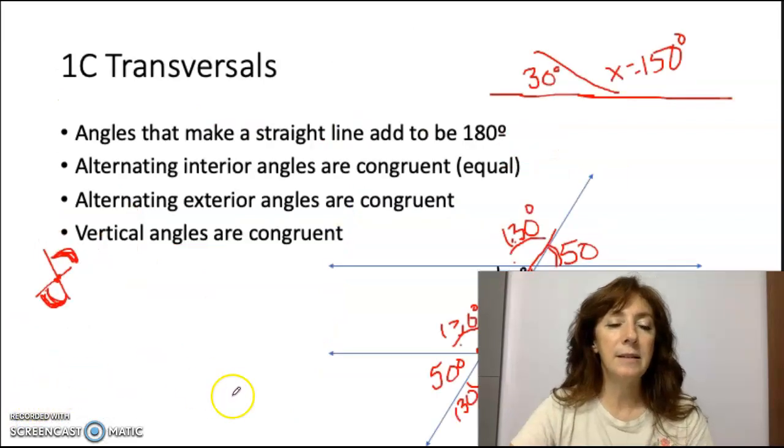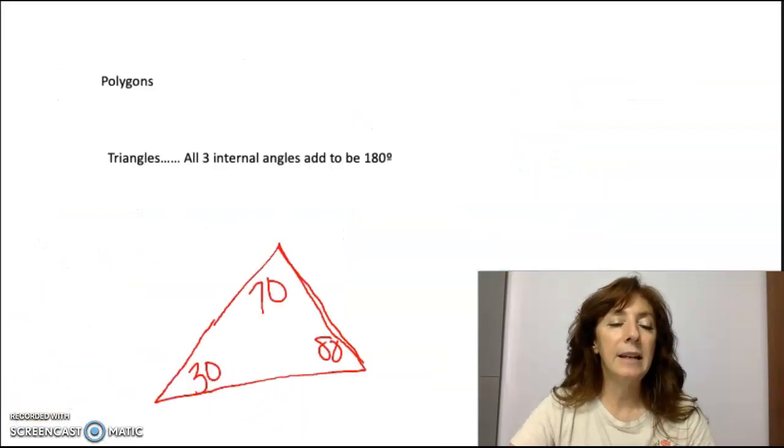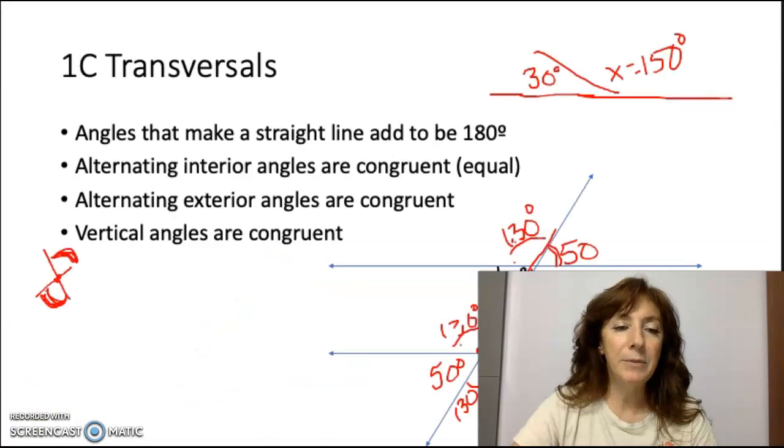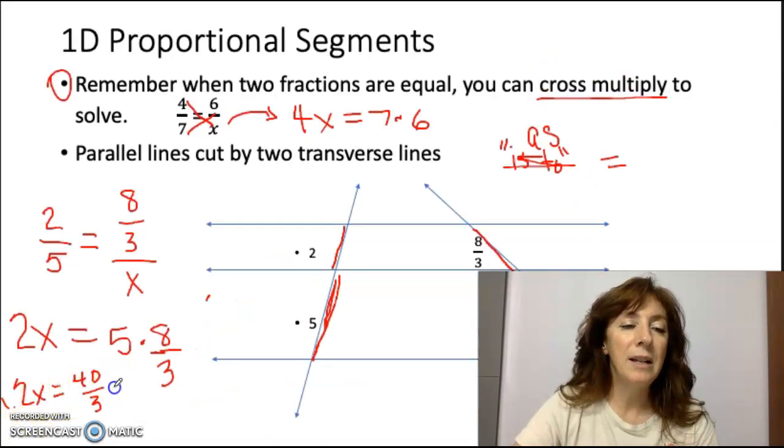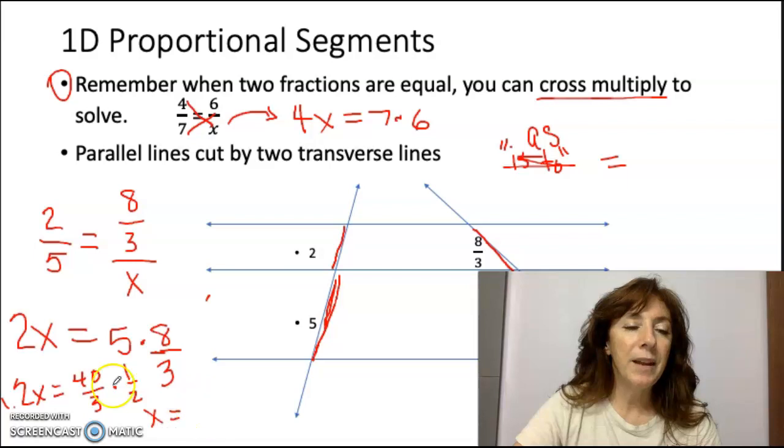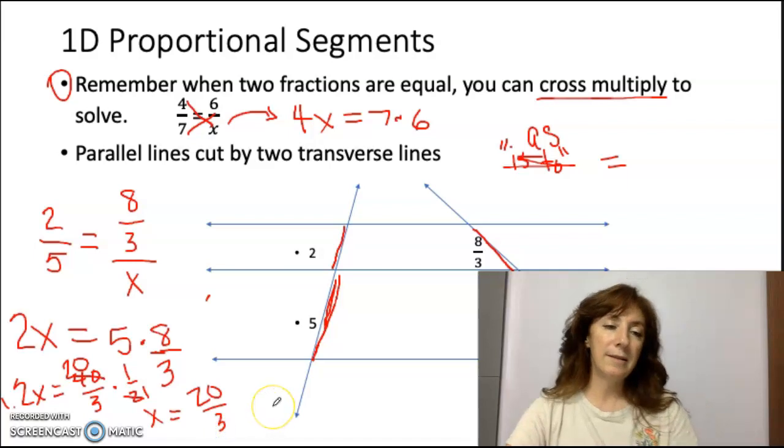Ugh, this is crazy. What did I do? Okay, multiply by the reciprocal, 1/2, and x would equal, oh look, I can reduce: 2 goes into 2 one time, and 2 goes into 40 20 times, and my answer is 20/3.